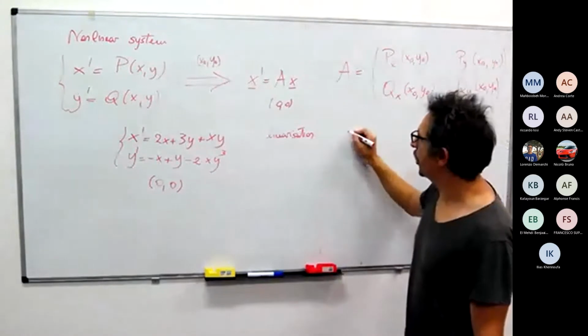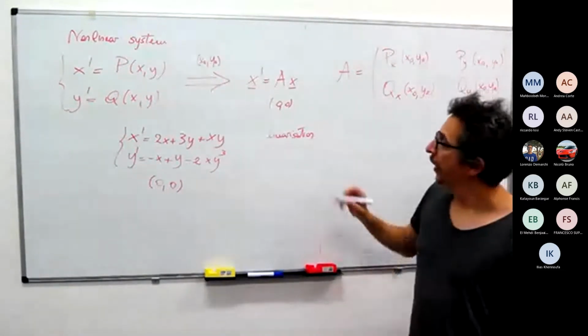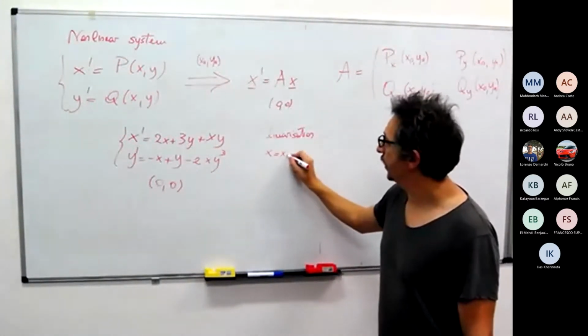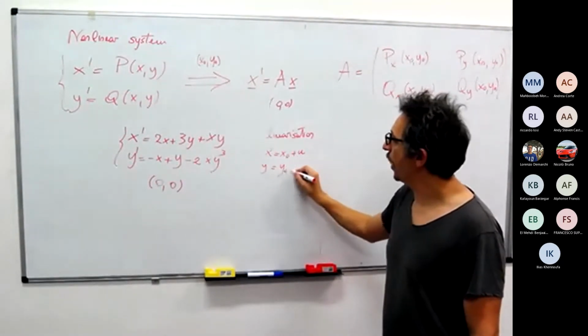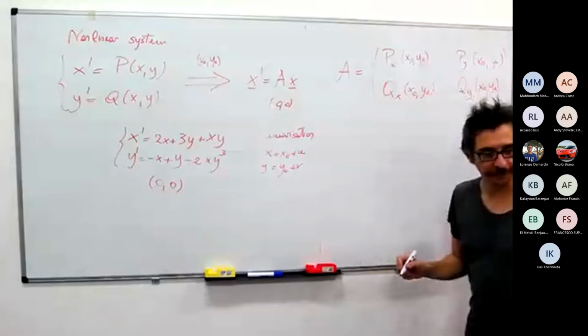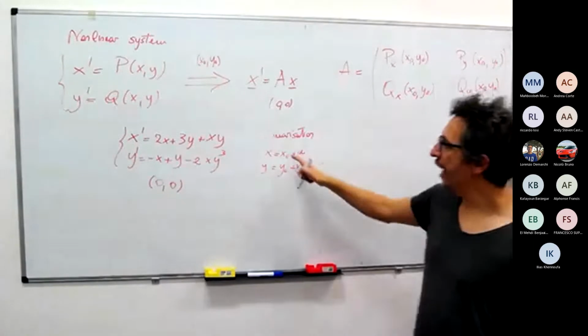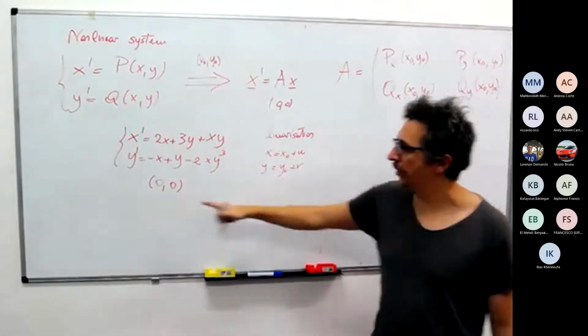So, linearization, I'm expanding x as x naught plus u and y as y naught plus v. In my case, x naught and y naught are 0 and 0.